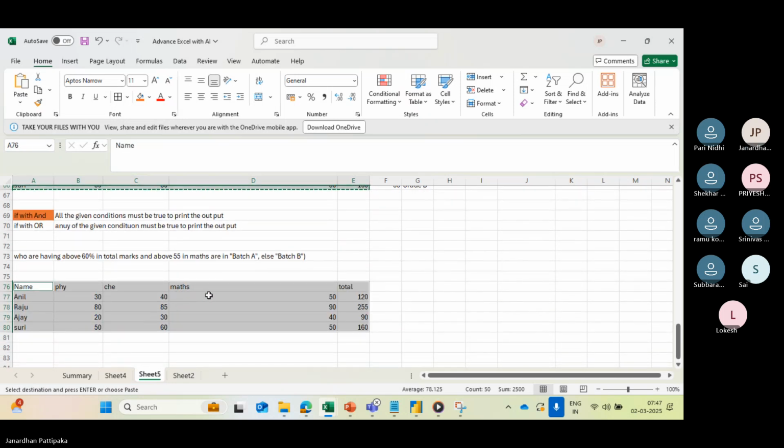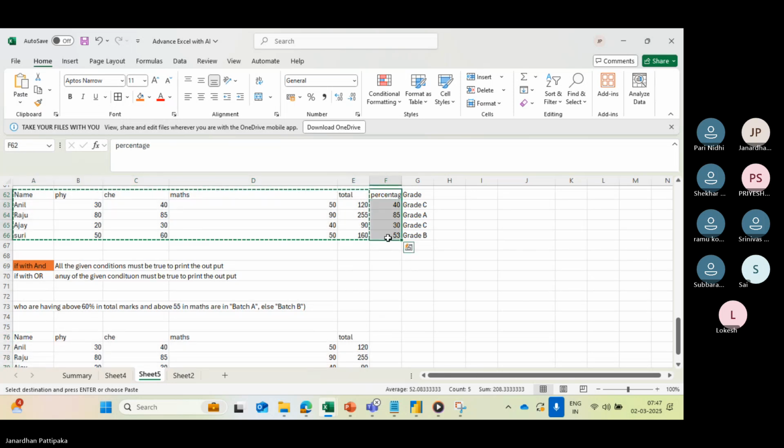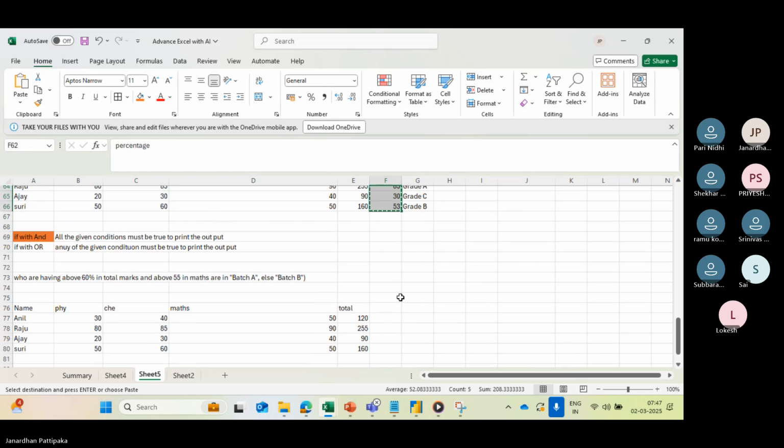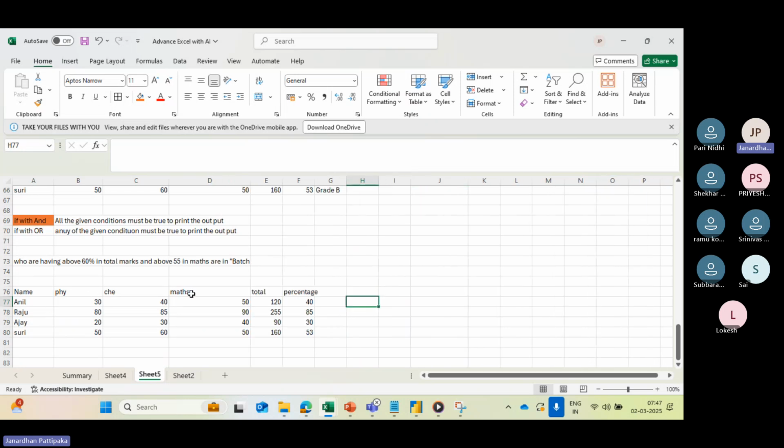So my requirement is I have the list of the students' names, physics, chemistry, maths marks.